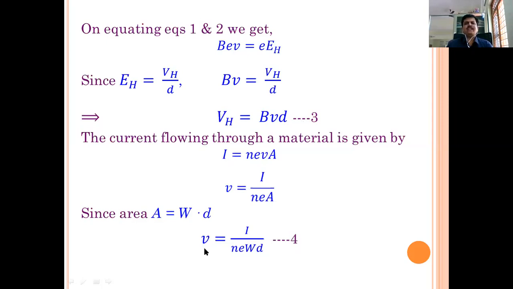So, sir, why is it needed to have a relation for V? We have to substitute in this equation 3 so that we get back the final expression for VH. So, what I do is I substitute this V equals to I divided by n e w into d in equation number 3.